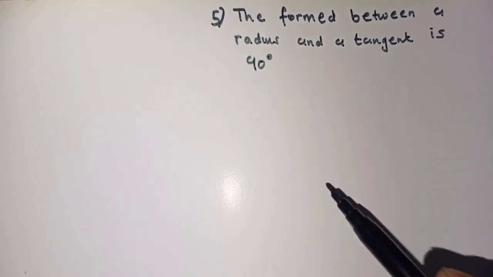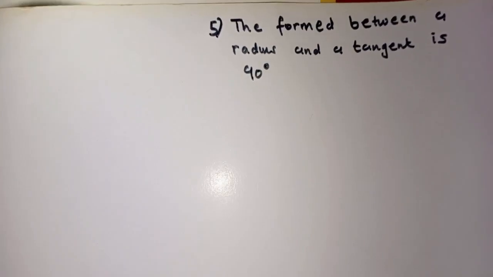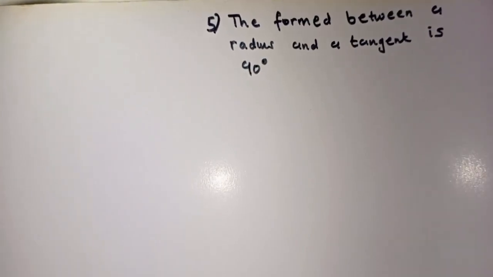The angle formed between a radius and a tangent is 90. It's 90 degrees. Okay, so let's have a look at this.